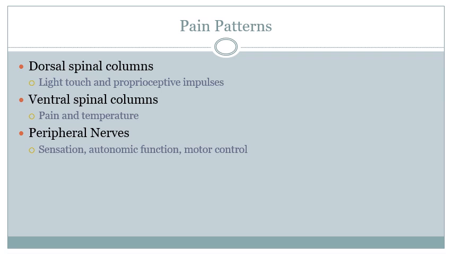Peripheral nerves transmit sensation, autonomic function, and motor control to specific regions. Figure 13.3 in your textbook, which I showed earlier, shows the sensory distribution of peripheral nerves. So you can see where, if you had damage to a sensory peripheral nerve, what that would be associated with.